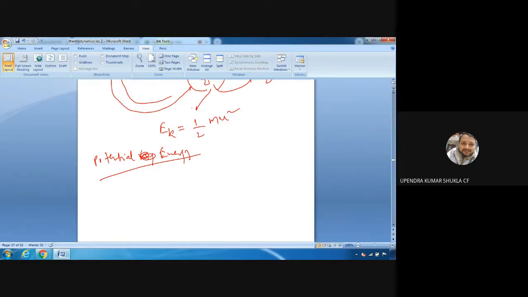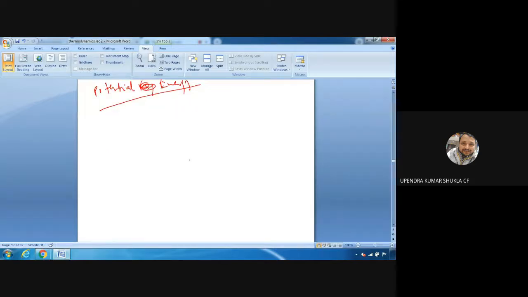Now potential energy, suppose this is due to position, so suppose a mass m is raised from initial position z1 to the same mass m at final position z2.